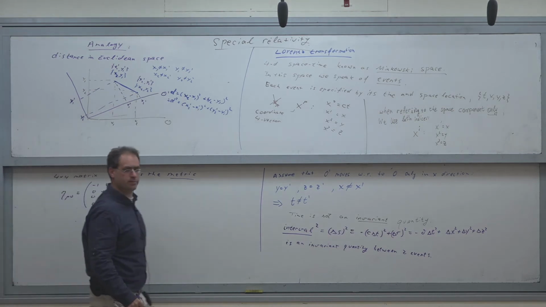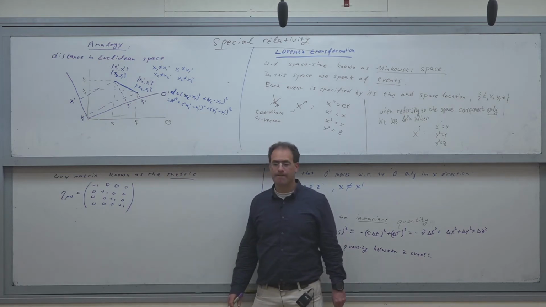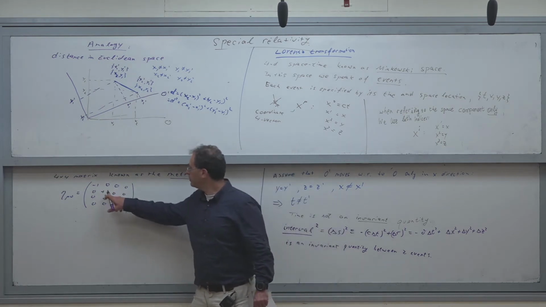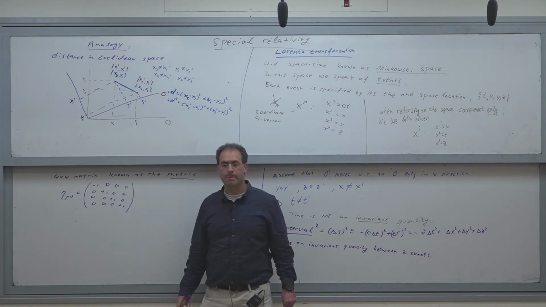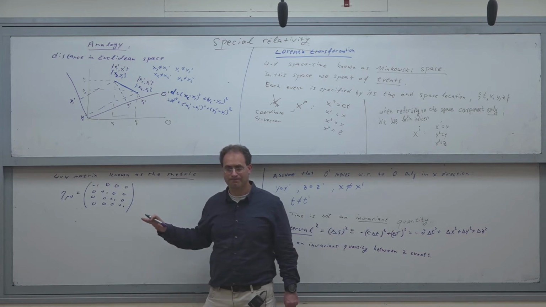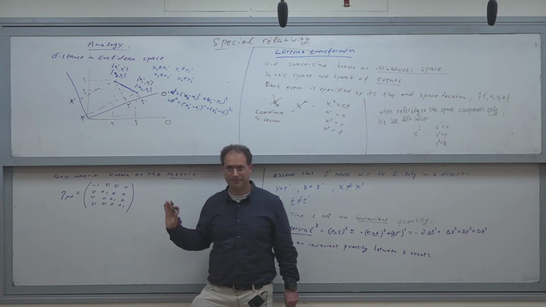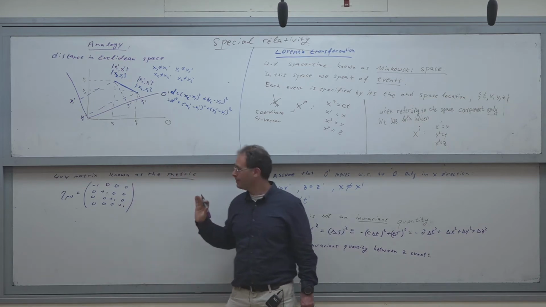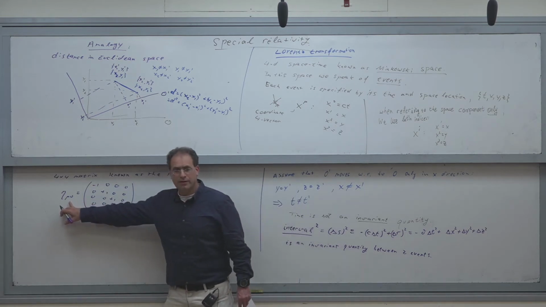On the diagonal, you have a -1, and then a +1, +1, +1, and everything else on that matrix is 0. I just call it a metric for now. And the importance is that you don't forget that the indices I put are lower. Don't write indices which are upper here.